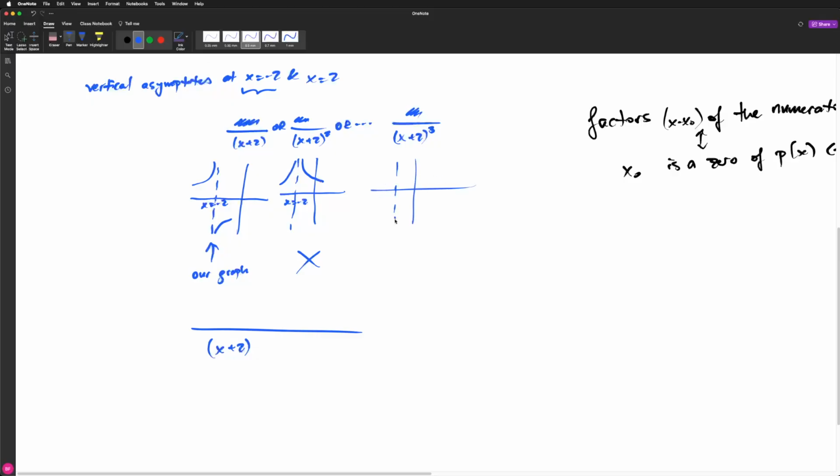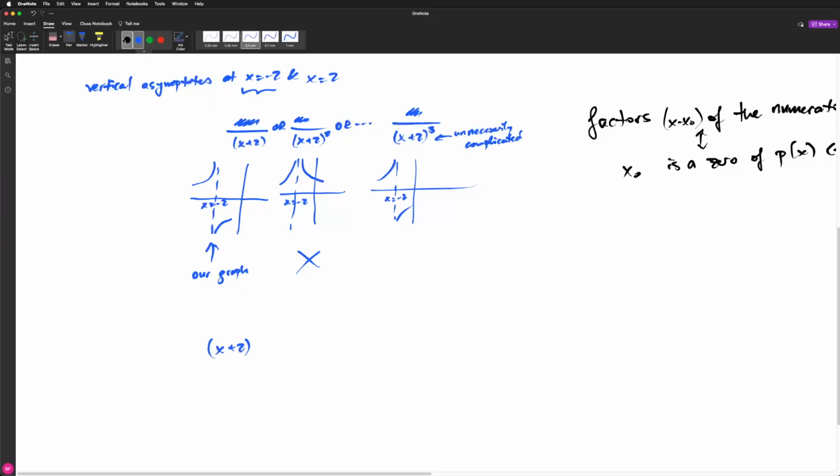The graph kind of looks like that, near -2. But this is unnecessarily complicated at this point. So I'm not going to start with that. And probably you won't need that either, but we'll find out.